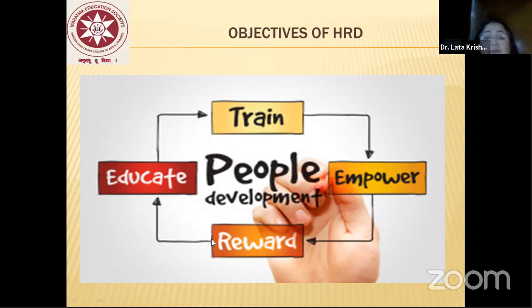And finally, most important, reward them. Because unless they are given feedback and complimented for the work they do, unless they are rewarded, they will not be gratified. And gratification is very important. Reward is something that motivates employees and helps them to work better.